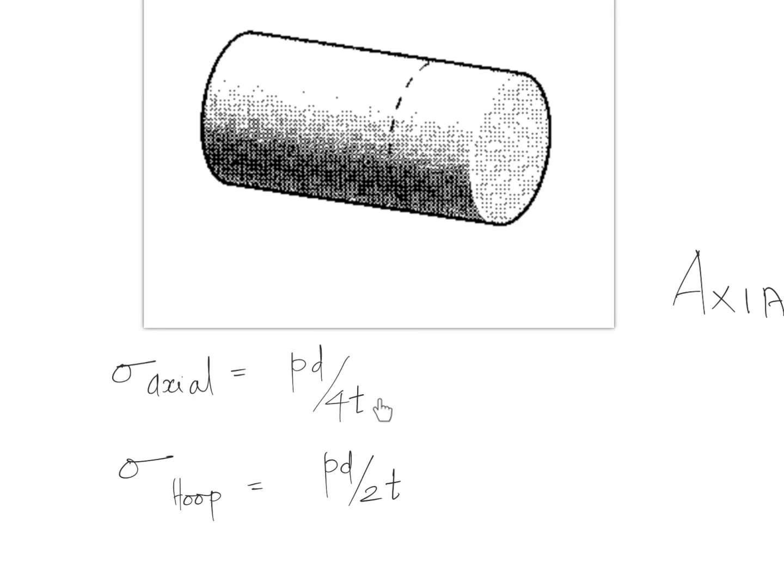This equation is only valid for thin shells. For thick shells, you have a totally different formula. But the key takeaway is that the stress acting in the hoop direction is twice that acting in the axial direction.